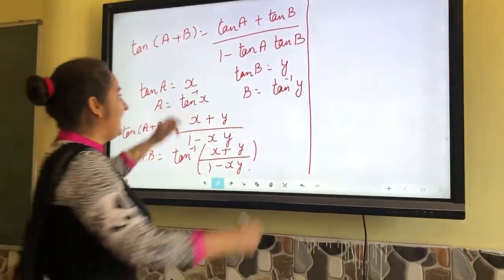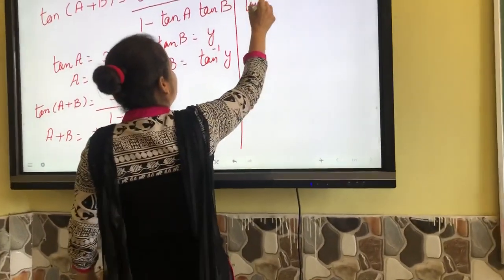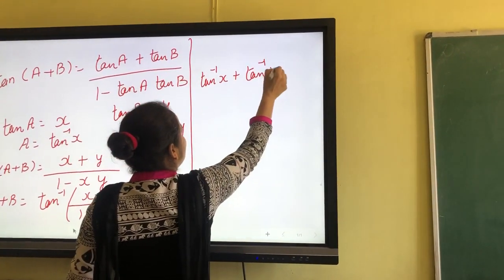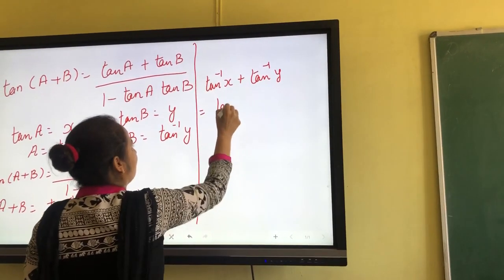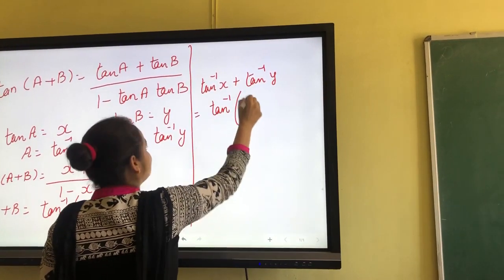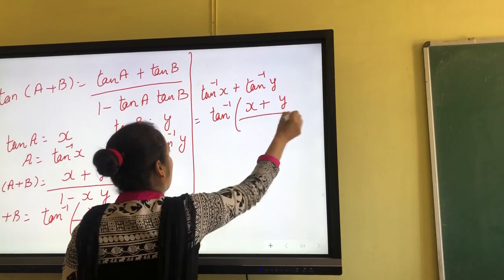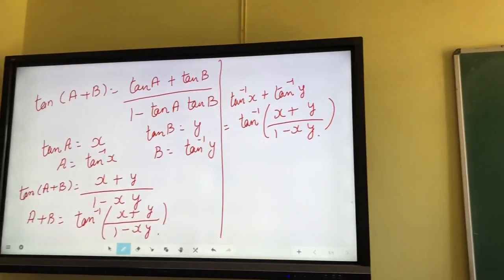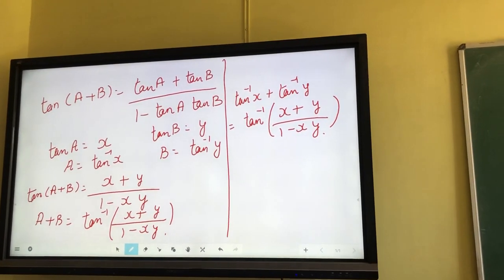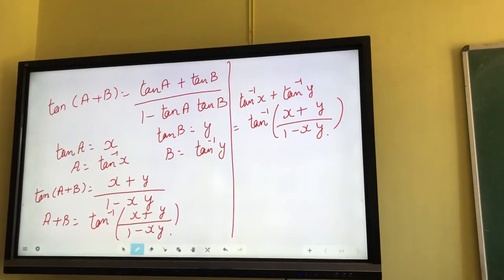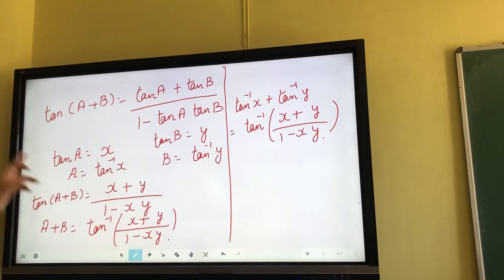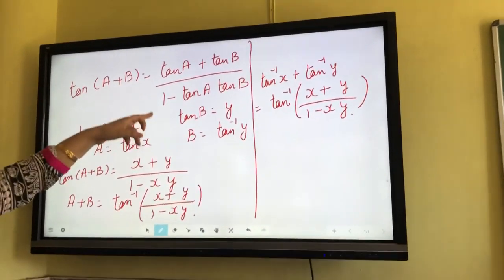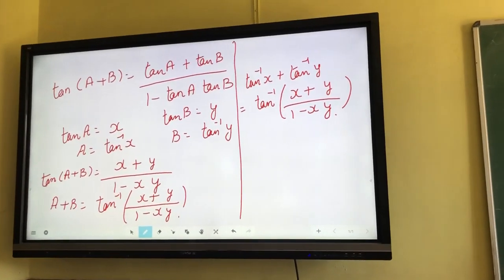The value of A is tangent inverse x plus the value of B is tangent inverse y is equal to tangent inverse of x plus y upon 1 minus xy. Let's relate this with the first result. This is how to derive the formula: tangent inverse x plus tangent inverse y is equal to tan inverse of x plus y upon 1 minus xy.